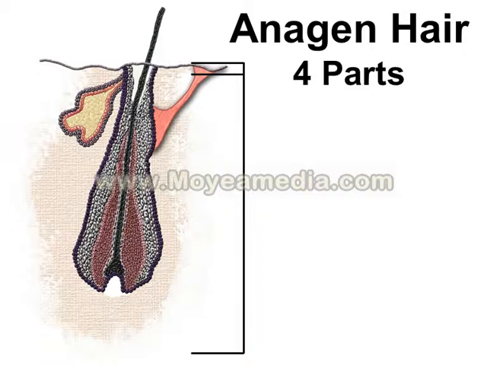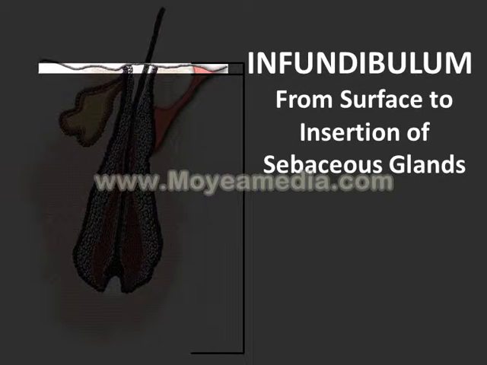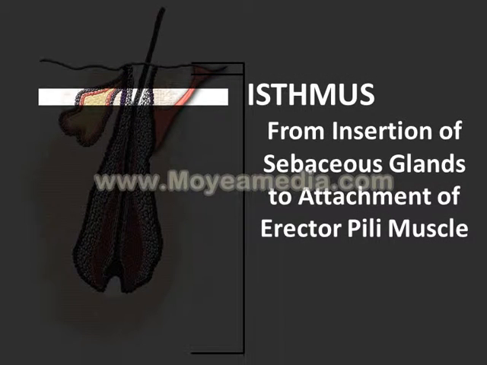An anagen hair is composed of 4 parts. The infundibulum is the uppermost portion from the surface to about the level of the insertion of the sebaceous gland duct. The isthmus is located below that, from the sebaceous gland duct entry down to the level of the attachment of the erector pili muscle.